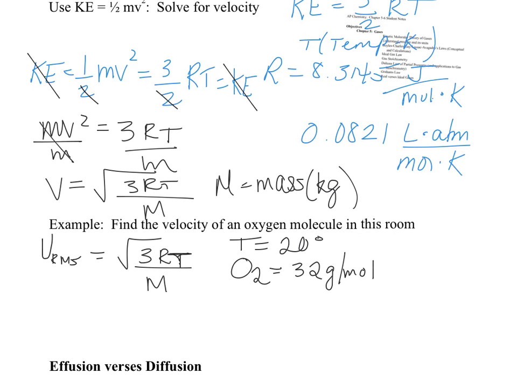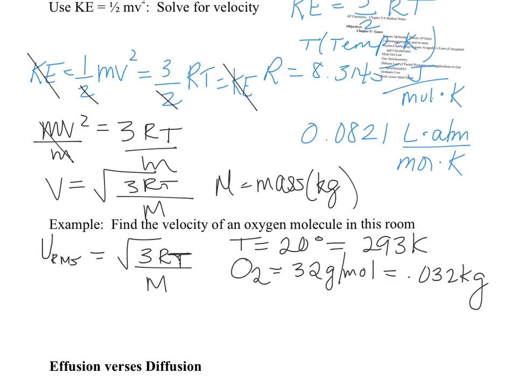And we're going to use this formula, so we know mass has to be in kilograms, so that's going to be 0.032 kilograms. And our temperature needs to be in Kelvin, because whenever we work with gases, temperature must always be in Kelvin. So that's going to give us 293 Kelvin.